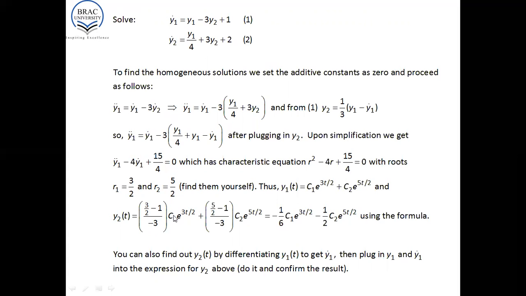You plug it in here and get (R1 minus A11) by A12 times C1 e to the power 3t by 2, plus (R2 minus A11) by A12, with R2 equal to 5 by 2, times C2 e to the power 5t by 2. And you simplify, and you get this expression: minus 1 by 6 C1 e to the power 3t by 2, minus 1 by 2 C2 e to the power 5t by 2. You can also find Y2 by differentiating Y1 to get Y1 dot, and then plugging Y1 and Y1 dot into the expression for Y2 above. You could do it and confirm the result.